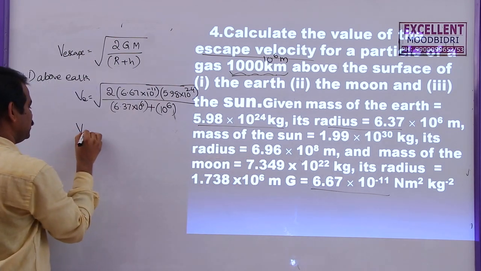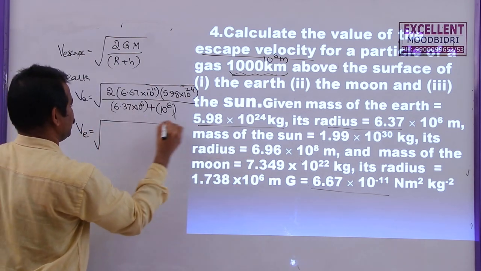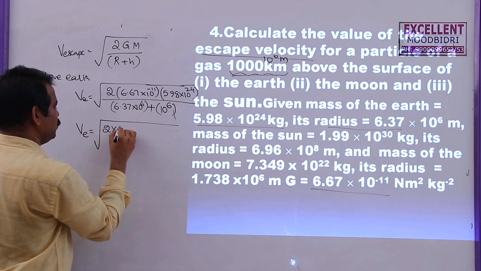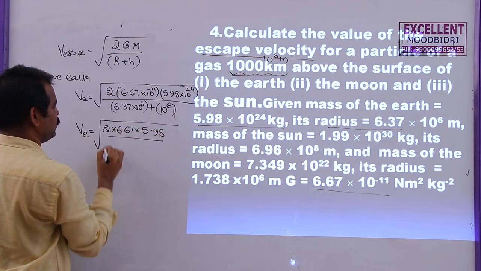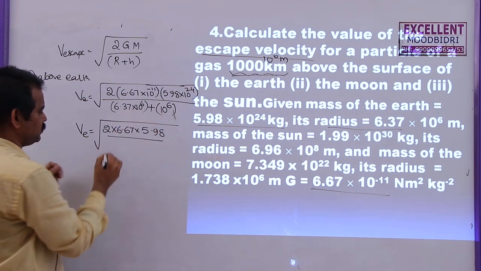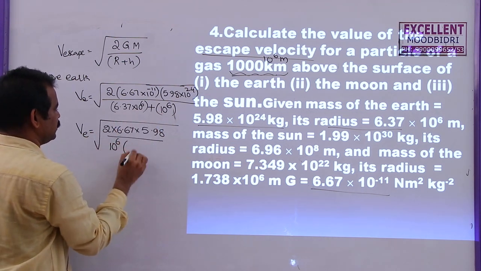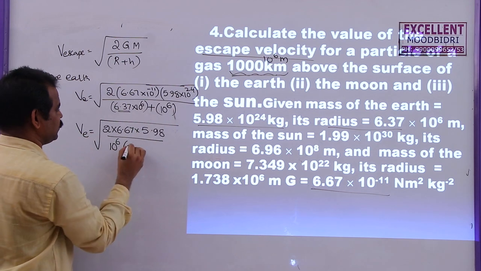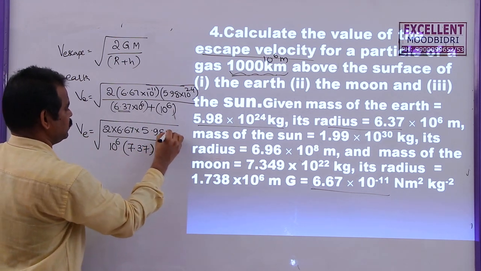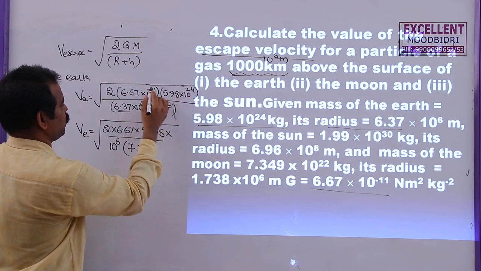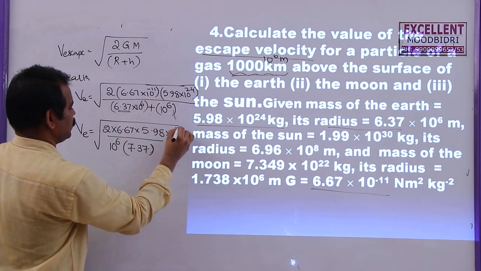So what is the escape velocity at that height? This is given by 2 into 6.67 into 5.98 by, if you take 10 power 6 common here, 6.37 plus 1, 7.37, and the powers are 10 power 24 minus 11, 10 power 13.